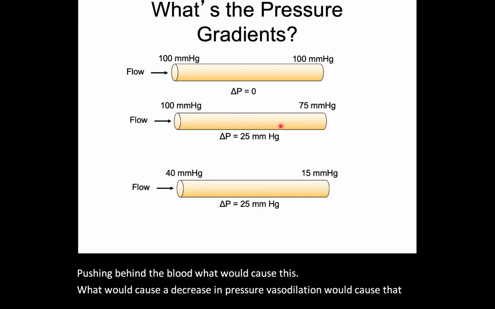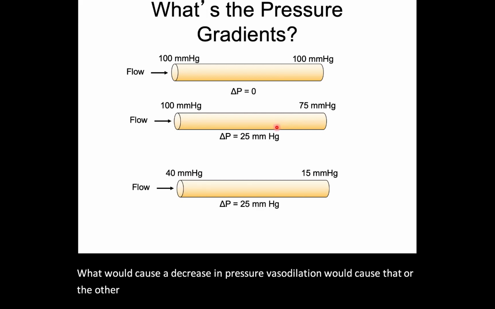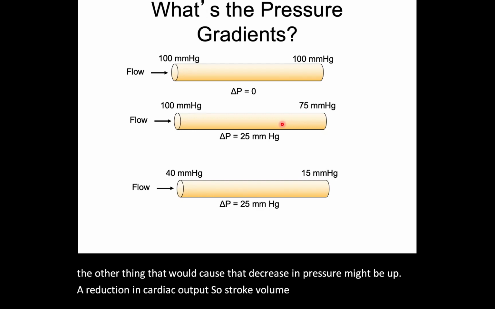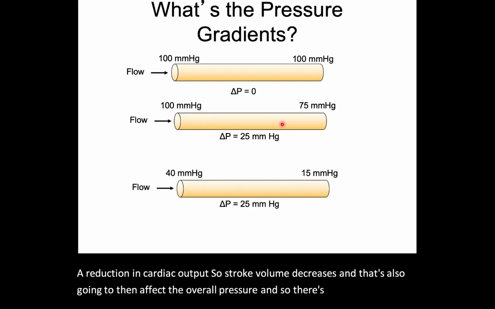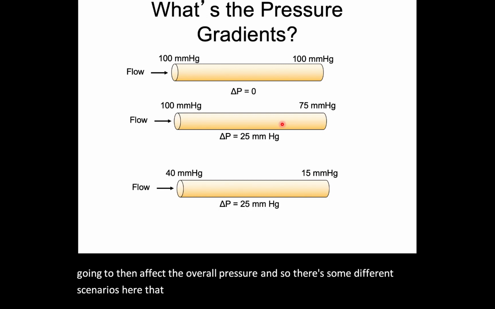Or the other thing that might cause that decrease in pressure is a reduction in cardiac output. Right, so stroke volume decreases, and that's also going to affect the overall pressure. So there are some different scenarios here that can cause this decrease.